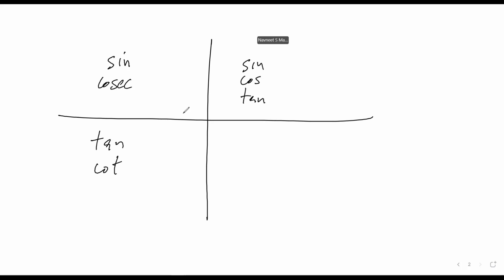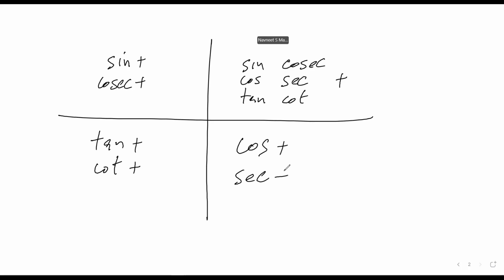And here only cos and secant. So here everybody is positive. Here only sine and cosecant are positive. Here only tan and cot are positive. Here only cos and secant are positive.